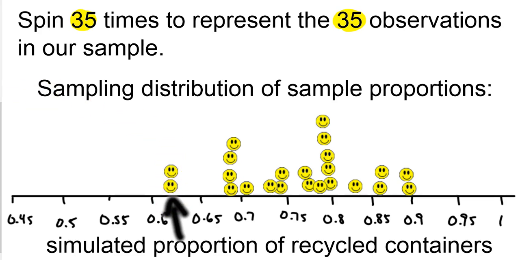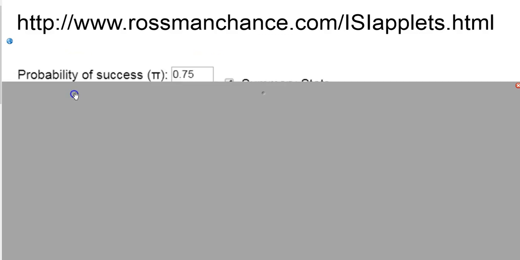So I want you to get out your applet, okay, and you can do this on your phone if you like, or if the cart is in your classroom, go ahead and get onto rossmanchance.com, isiapplets.html. I want you to set it up to run a simulation of 0.75 as our probability of success, and then whatever your number of trials is.